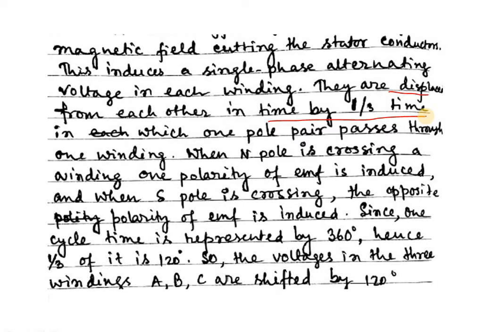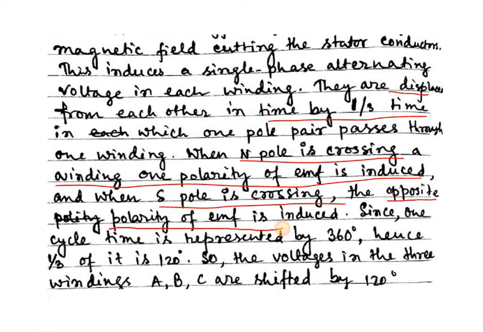When the N pole is crossing a winding, one polarity of EMF is induced, which I have already said. Suppose this N pole is crossing the conductor of A, then at A conductor an EMF will be induced. When the S pole crosses the same A conductor, then at the same point opposite polarity of EMF will be induced.